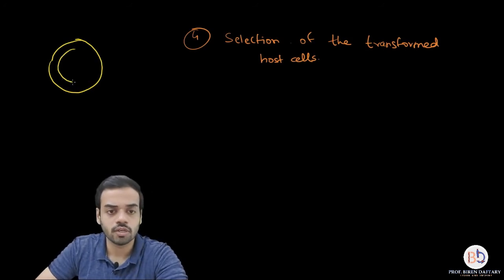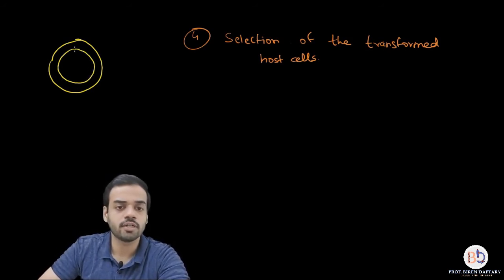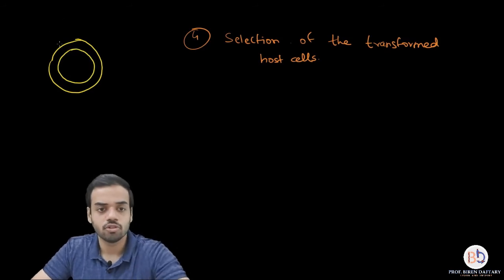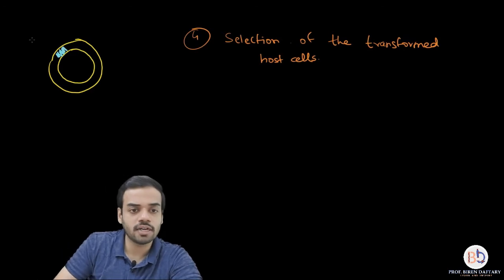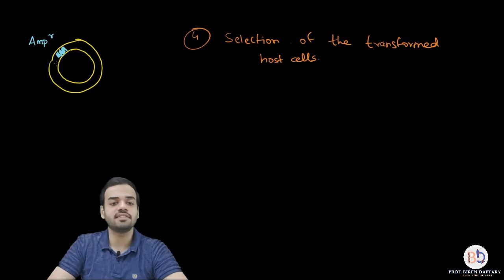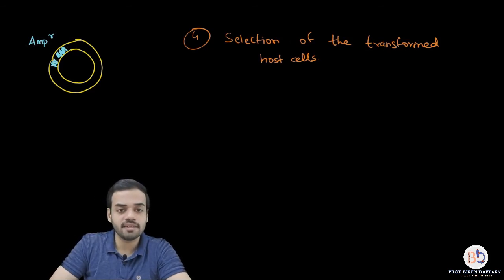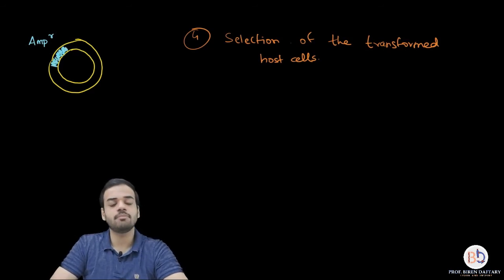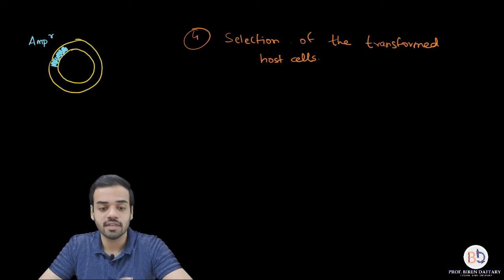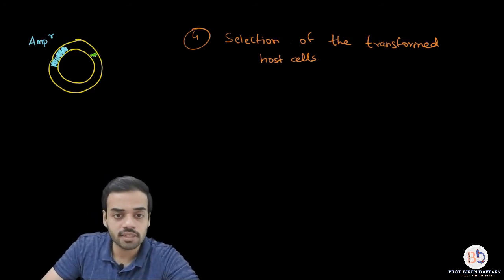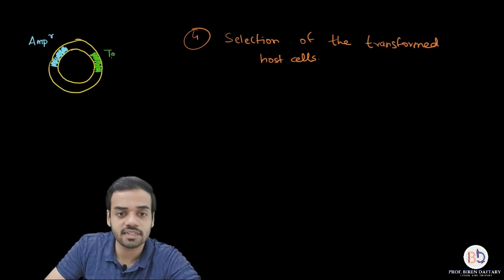Now in this PBR322 there are two antibiotic resistant sites. One I am going to label with blue color. This blue color is called AMPR, the ampicillin resistant gene area. This entire blue area is the ampicillin resistant gene, because of which PBR322 cannot be destroyed by ampicillin antibiotic. Similarly, over here there is an area called the tetracycline resistant gene, TETR.